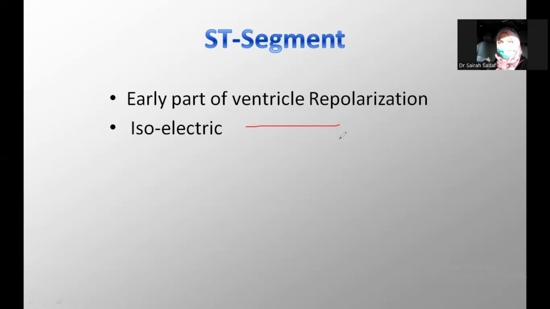But if it appears like a wave, then it means there is some pathology. If it goes up, if it goes down, if it appears like this, then there is some pathology, and now you have to start worrying about it. So until the ST segment is flat, we call it isoelectric.